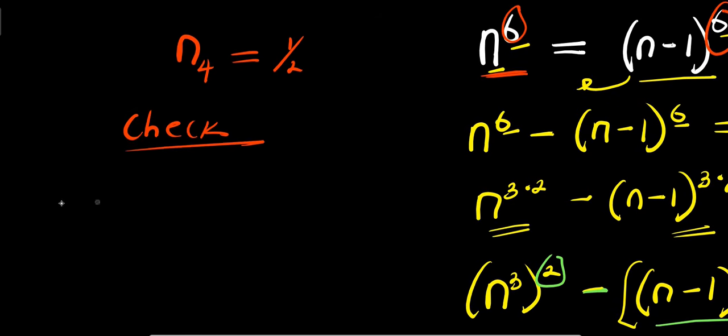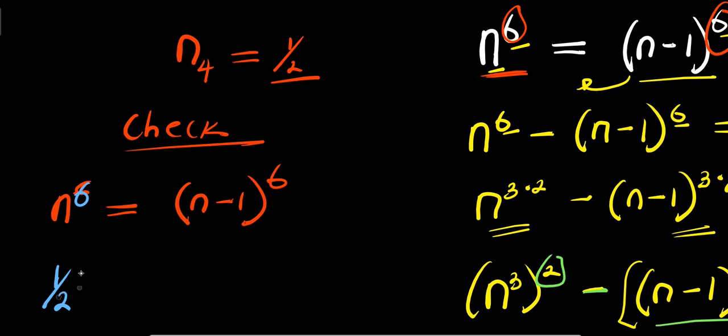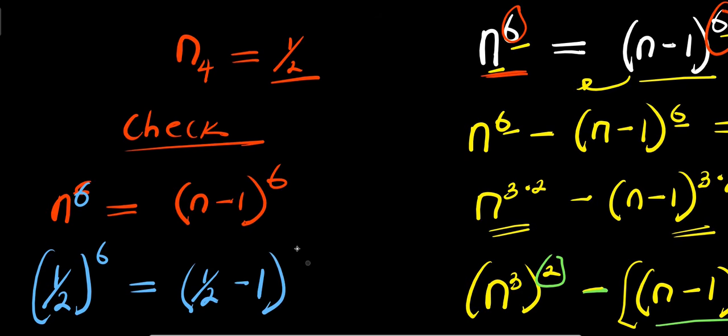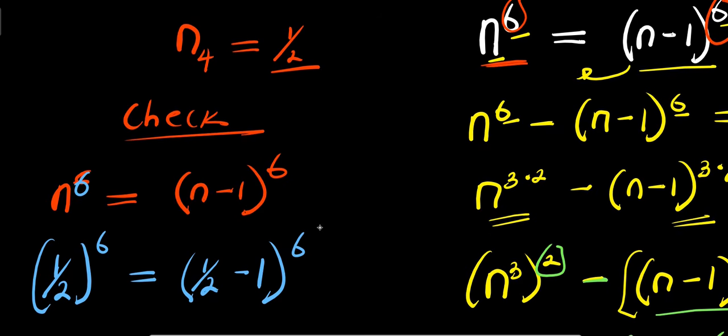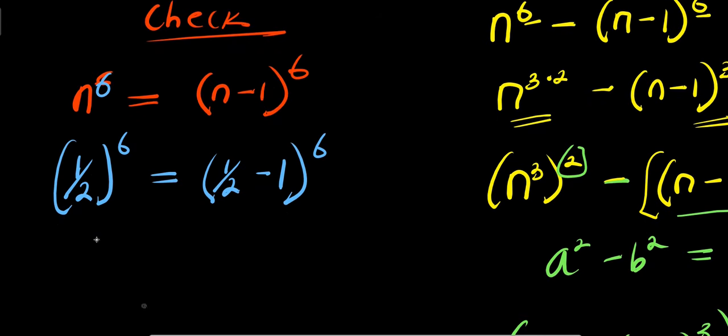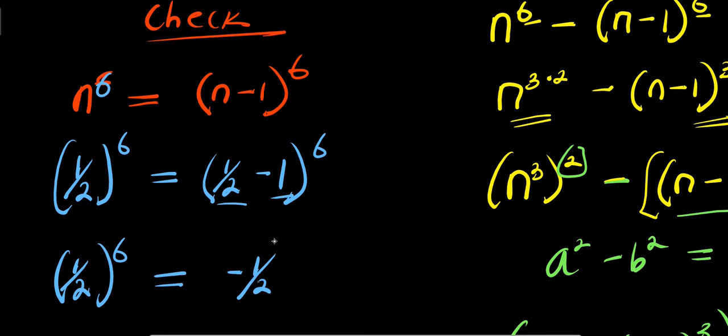So we have check. We have n power 6 equals n minus 1 to the power of 6. And our n is 1 over 2. So let's insert 1 over 2 right here. We have 1 over 2 to the power of 6 equals n minus 1, this is 1 over 2 minus 1 to the power of 6. Now here will give us 1 over 2 to the power of 6 equals 1 over 2 minus 1 will give you negative 1 over 2.